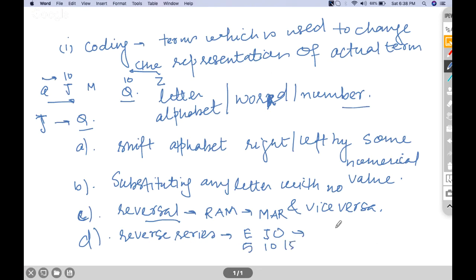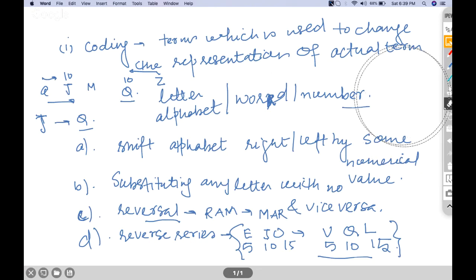I will replace them with the letters from the other side: 5 from the other side is V, 10 from the other side is Q, and 15 from the other side is L. So I'm replacing with letters which are reversed from the other side. So these are the methods by which the coding is done.